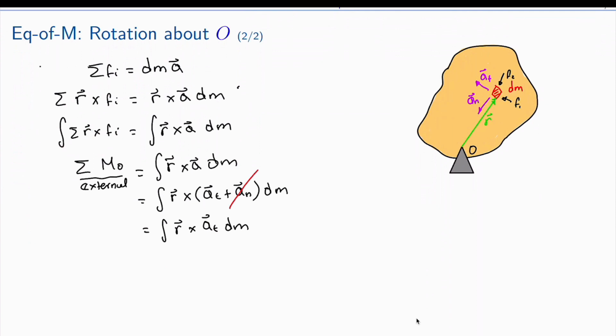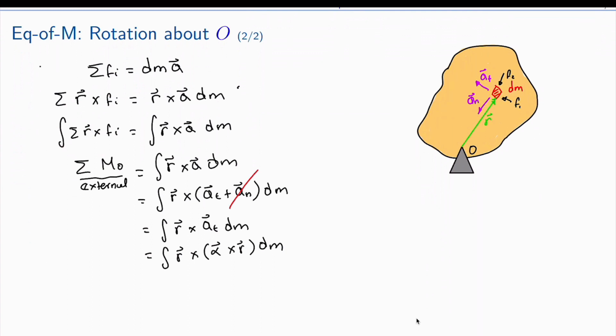Now the tangential acceleration is equal to alpha cross r. So this is equal to the integral of r cross alpha cross r dm. Now this triple cross product can be simplified.